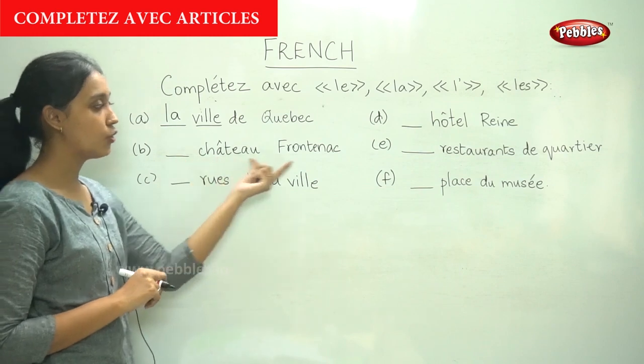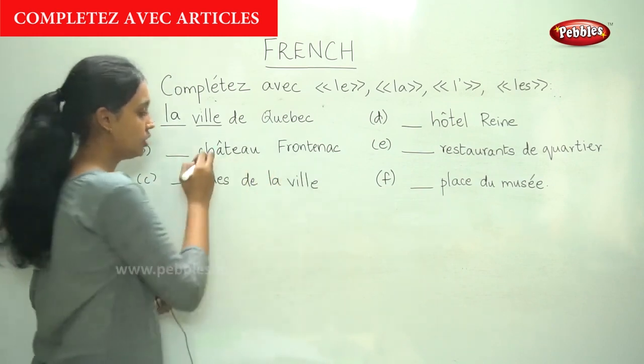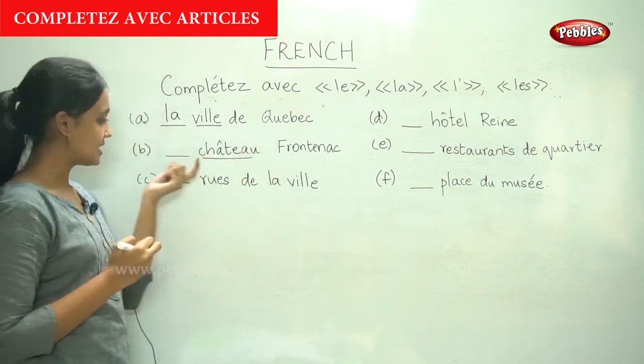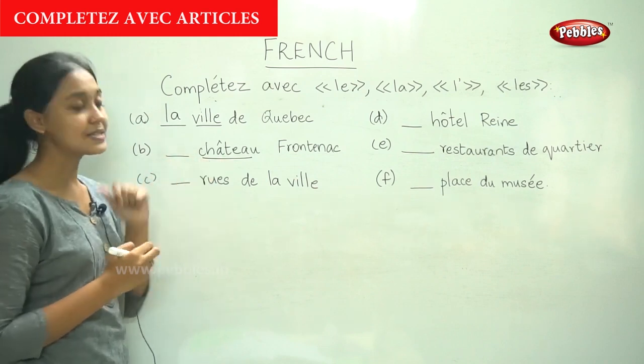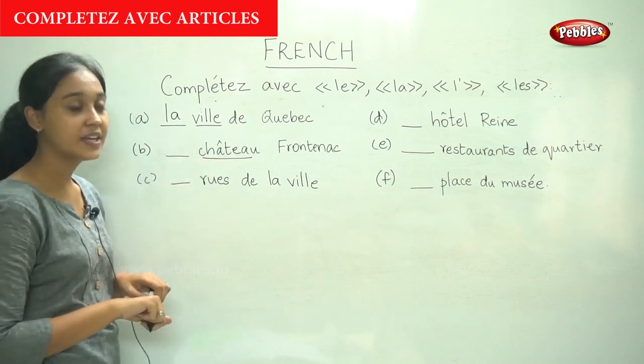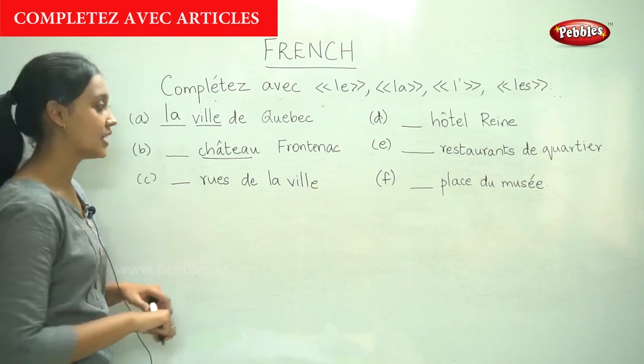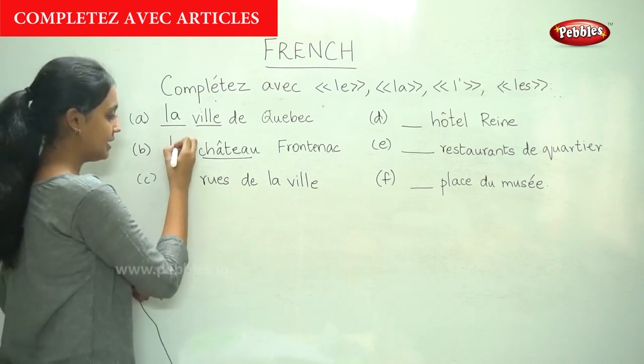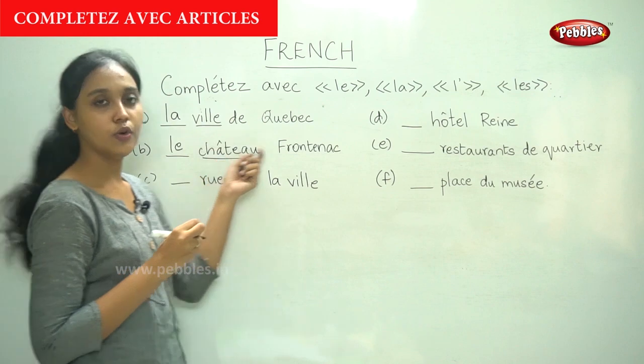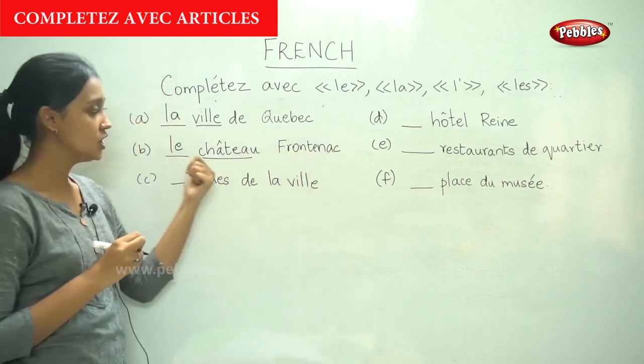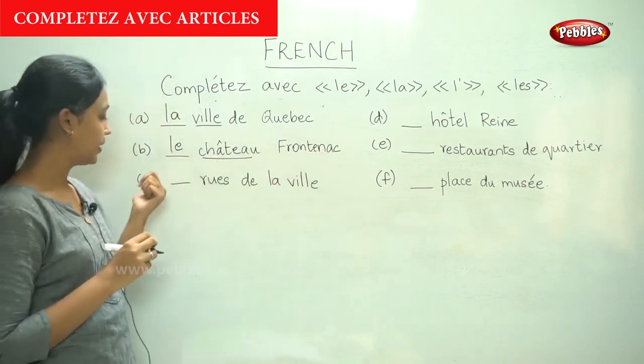The next sentence: dash Château Frontenac. Château is the noun that is after the blank. Is it masculine or feminine? It is masculine. So we write "le." "Le Château Frontenac."